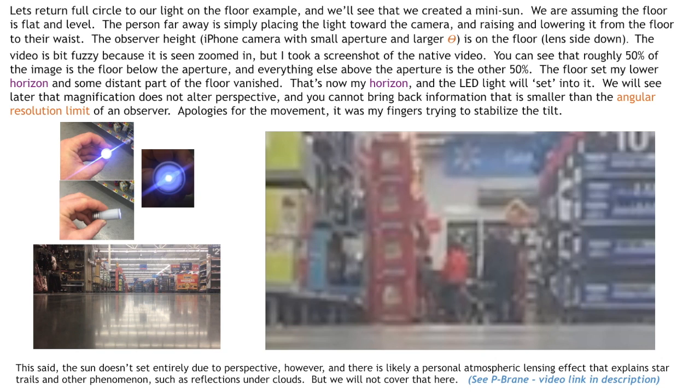But note the person here, and she is holding the flashlight pointing towards us, just raising it and lowering it. And you'll see it, it's on a loop, so it just goes back and forth, but you'll see it disappear and reappear to the observer.